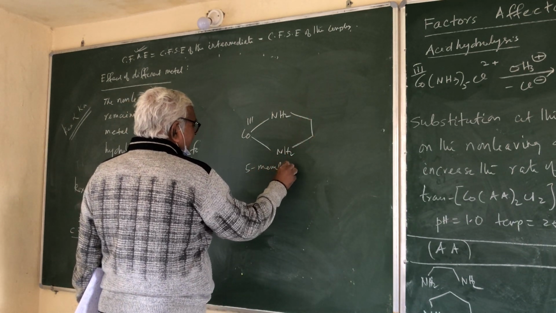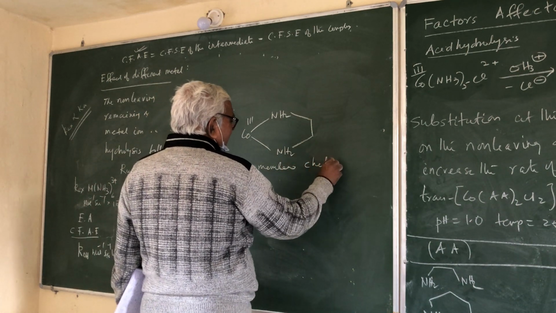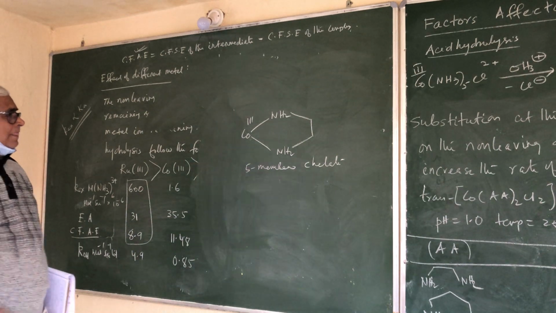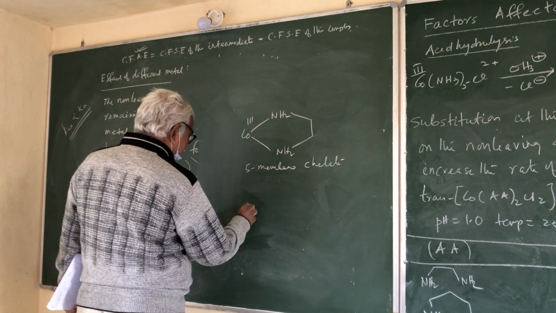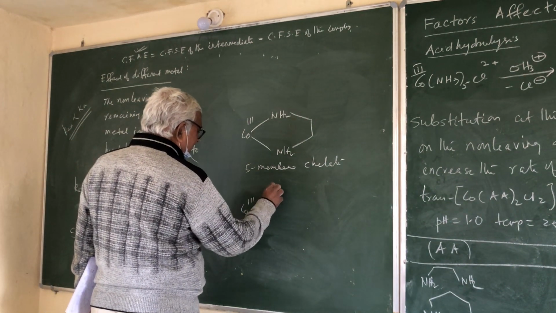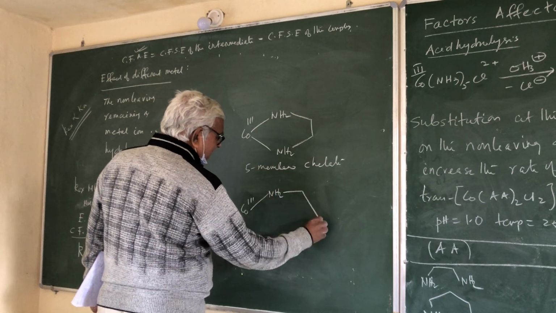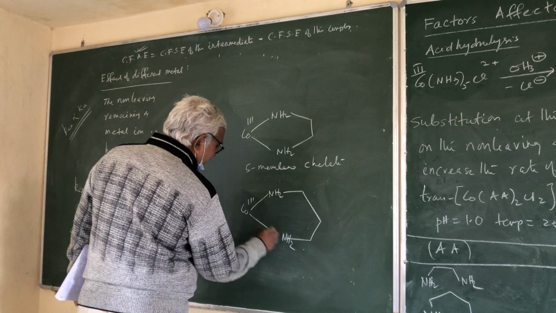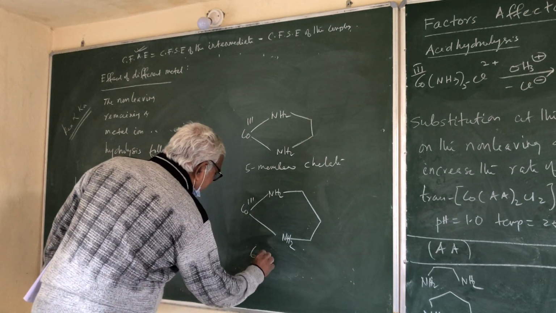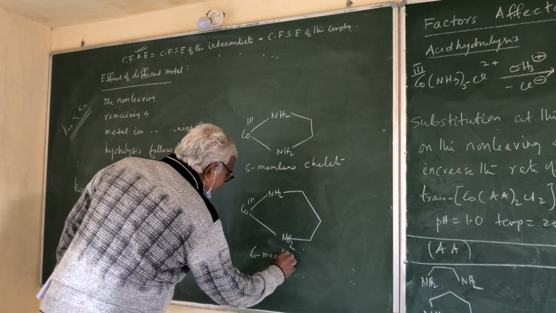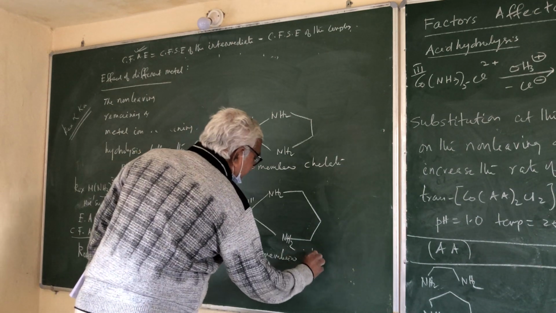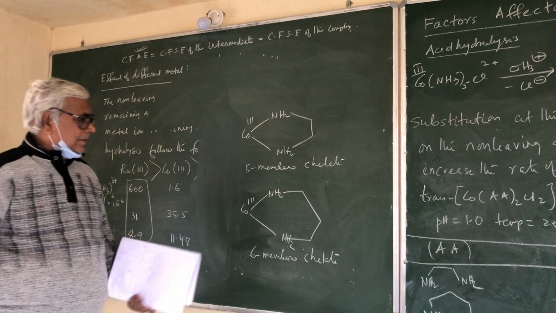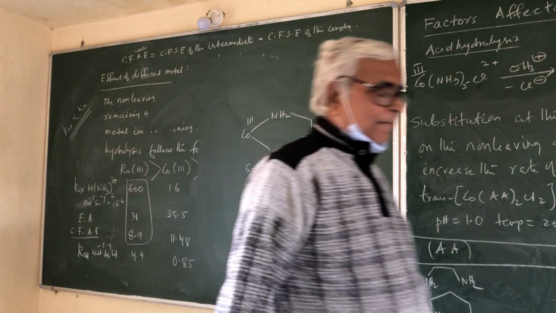5-membered chelate. A 5-membered chelate is more stable than a 6-membered chelate. This is a 6-membered chelate. Five-membered chelate is more stable than 6-membered chelate.